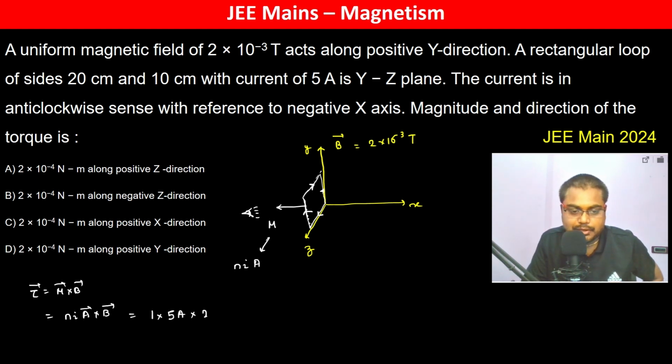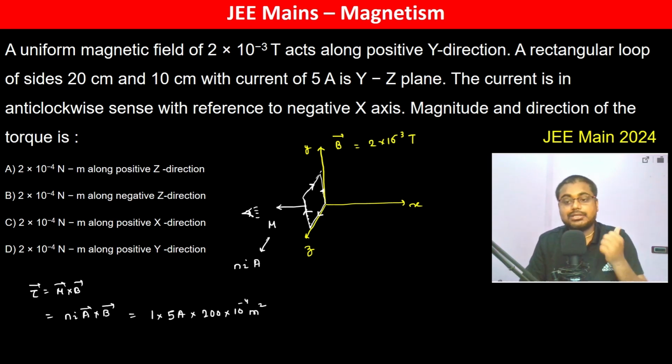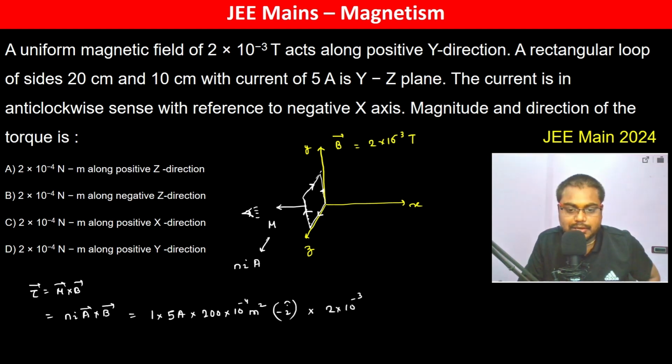So we write 200 into 10 to the power minus 4 meter square, and it is in minus i direction. Cross B, B is 2 into 10 to the power minus 3 Tesla, and it is in j direction. So minus i cross j is going to be minus k.